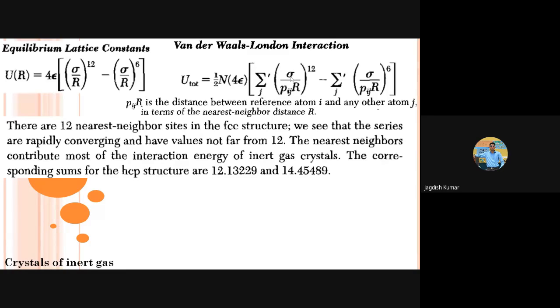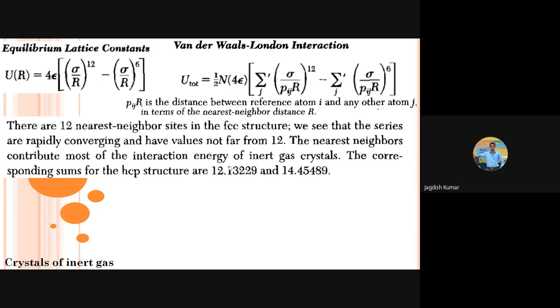Okay, so this will be like 1 by 64. That's why this series converges to something like, for a case of FCC, the nearest neighbor contributes to most of the interaction energy of the inert gas crystal.